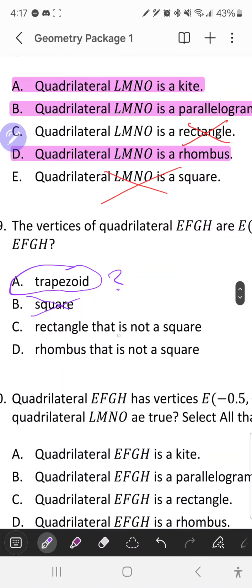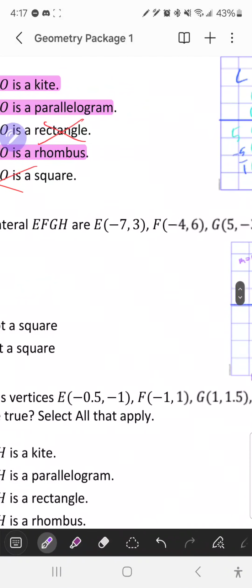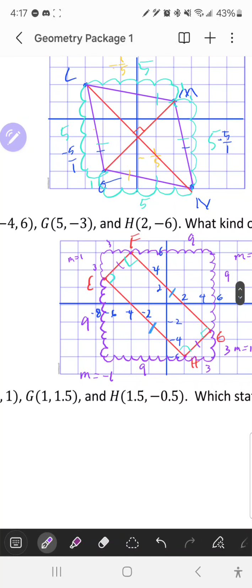Now for a rectangle that is not a square. The property of a rectangle is that the opposite sides are parallel and equal. As you can see here, this side and this side are opposite, equal and parallel, and these other sides are equal and parallel.